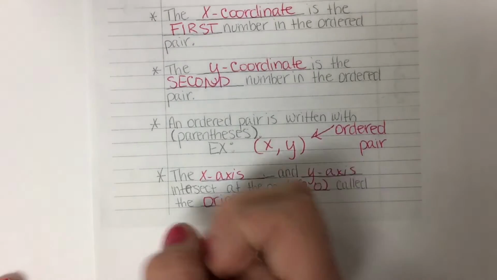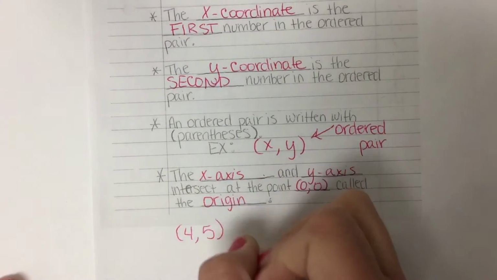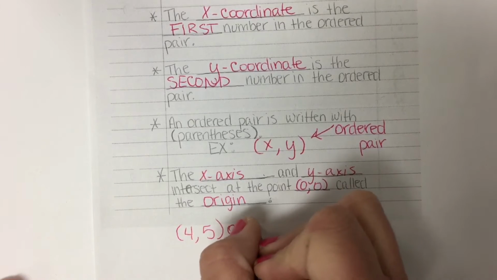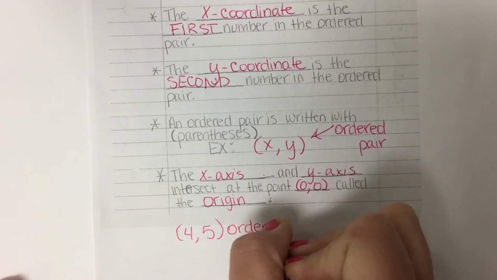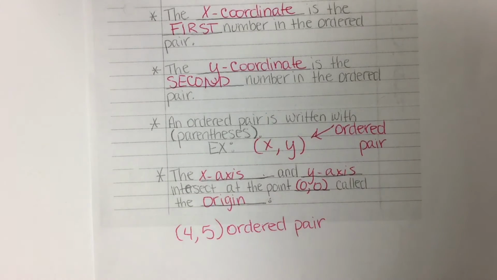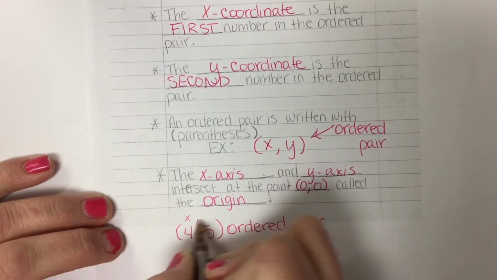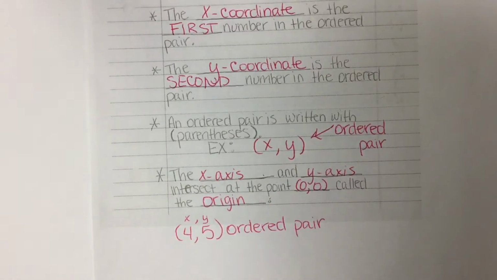So (4, 5) is an ordered pair. Remember that means 4 is the x and 5 is the y.